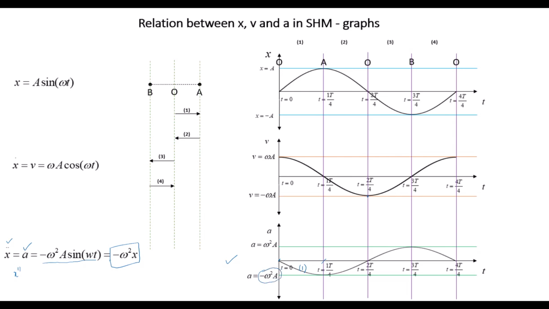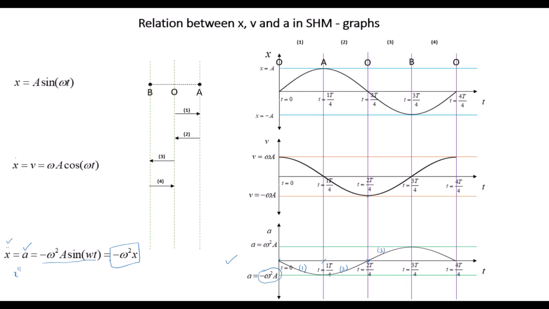In step number 2, when the object is moving from point A to O, we see that the acceleration goes on reducing, and at time t equals T by 2, at the point O, the acceleration becomes 0.